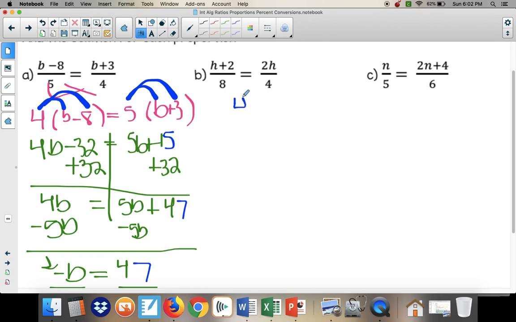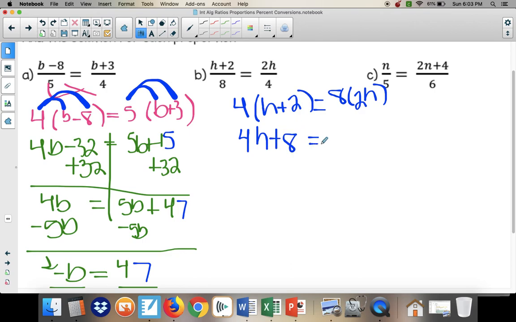Okay, so cross multiply, cross products, 4 times h plus 2 equals 8 times 2h. So distribute: 4h plus 8 equals 16h.